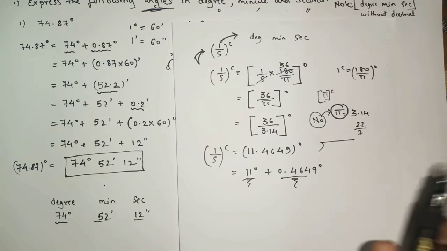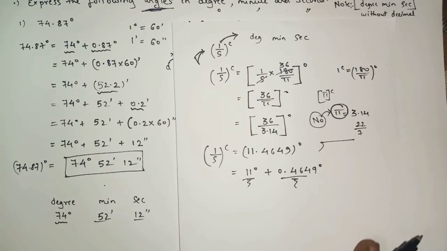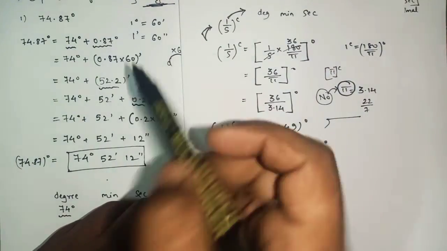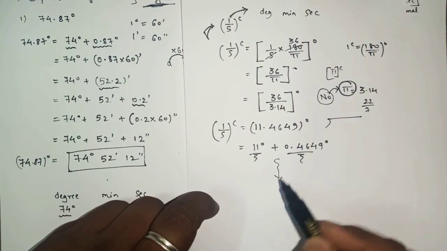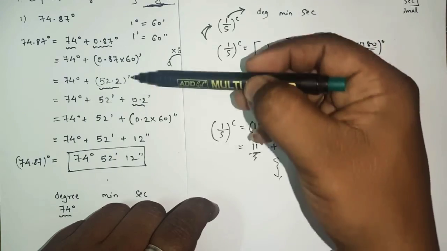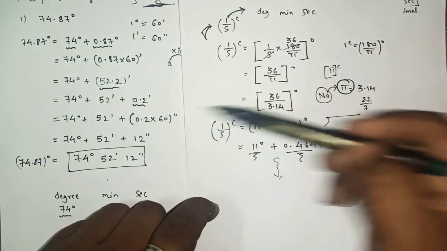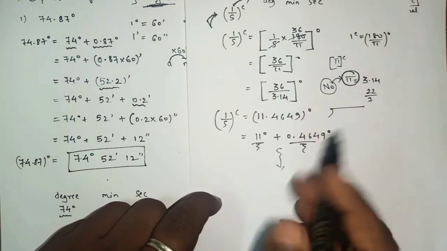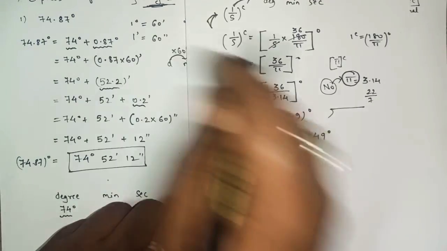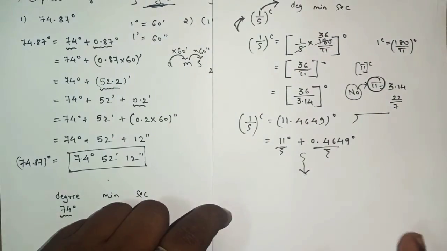Then after that, that minute will get converted into second. After this the method will be the same. Like this you have to do. I hope you all understood the method of how to convert the angle into degree, minute and second.